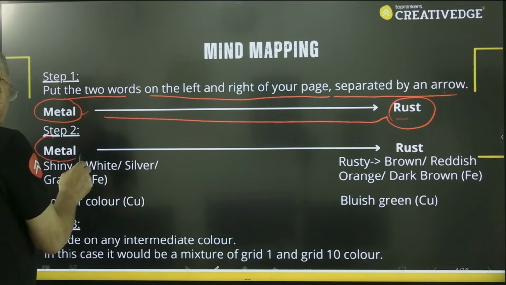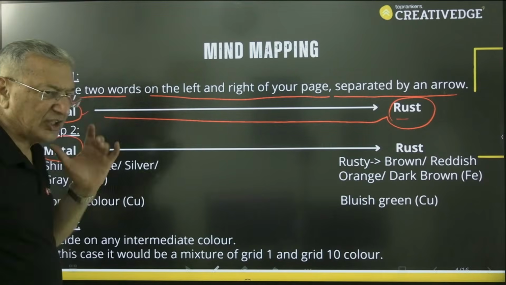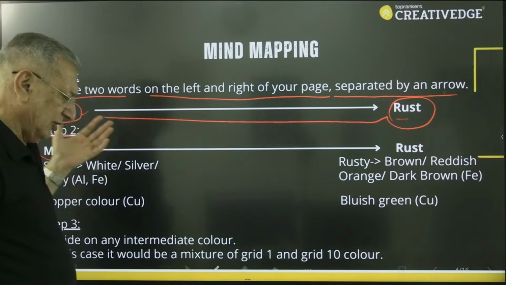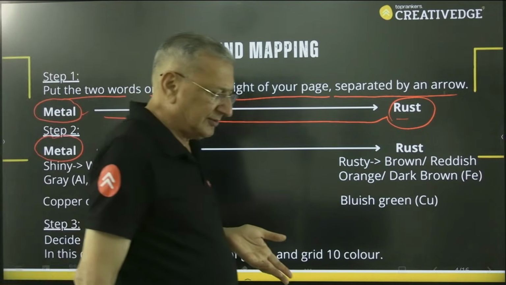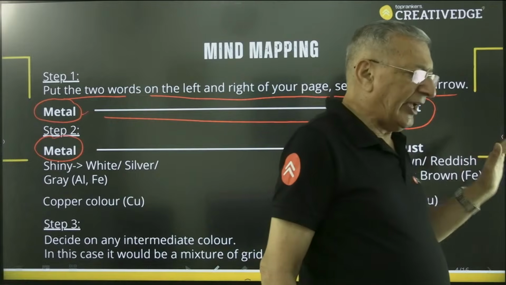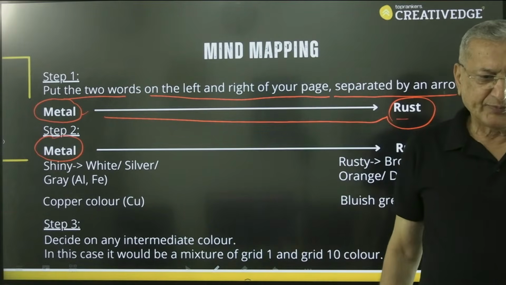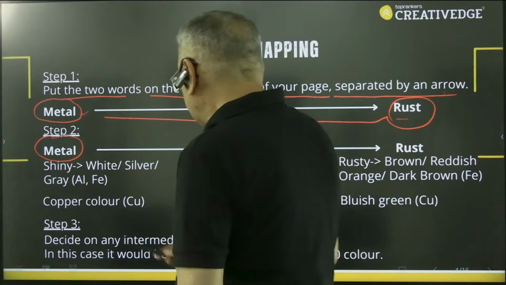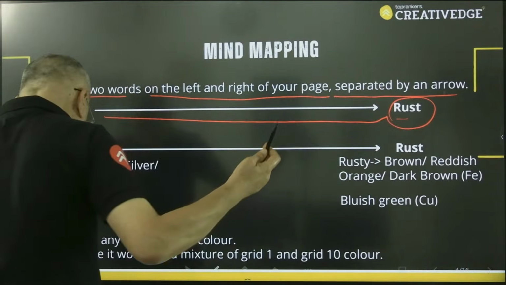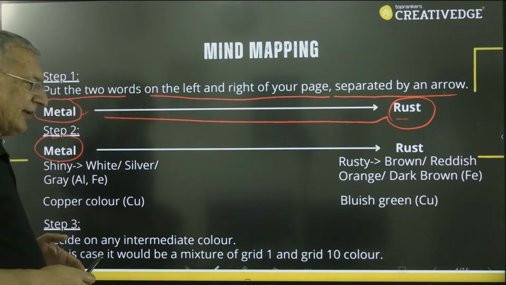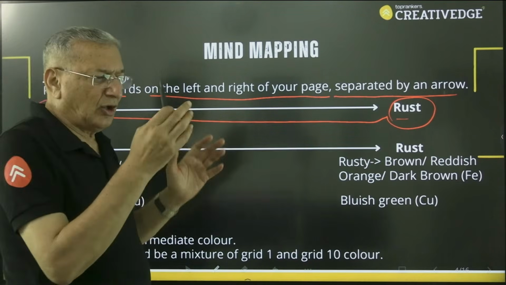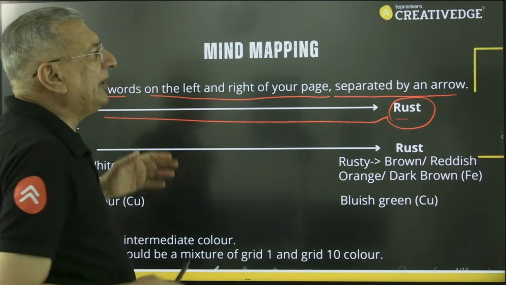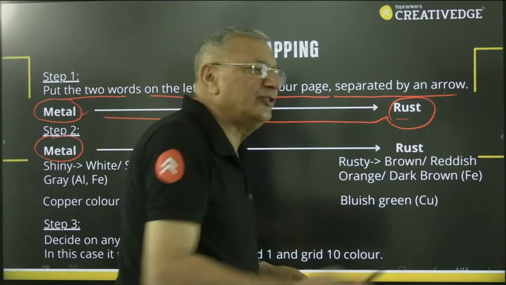Step two, describe the first position. That may not always be metal. It could be dawn to dusk, egg to butterfly, egg to mosquito, larva to butterfly, a raw tomato to a rotten tomato, or sugarcane to sugarcane juice.